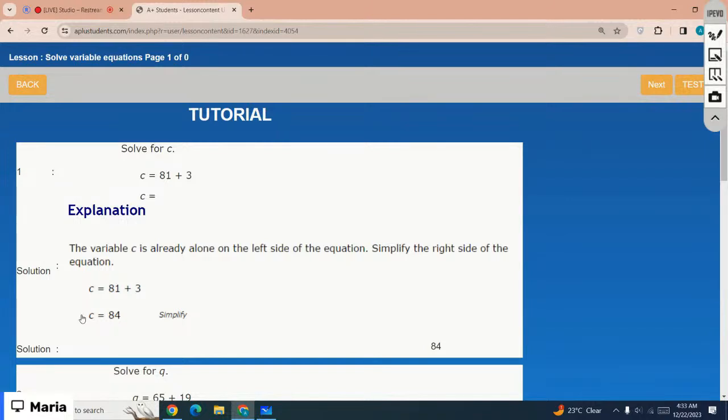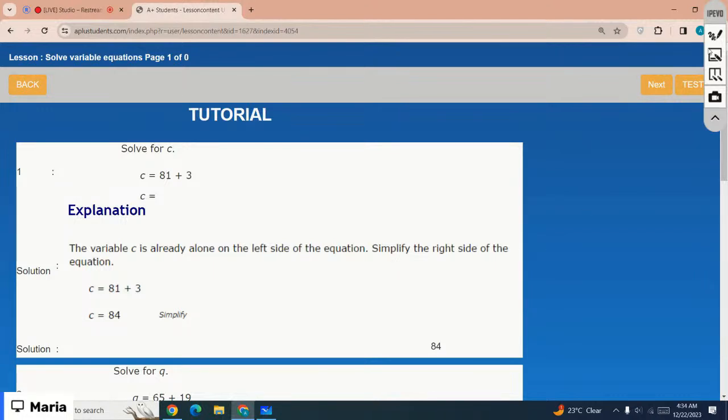When we need to solve an equation, we have to isolate the variable. But here in this equation, you already have the variable on one side, right? C is on one side, the numbers are on the other side. This way, you just need to add or subtract, whatever operation you are given. If the variable is already on one side, you simply have to add them. So 81 plus 3 is 84.